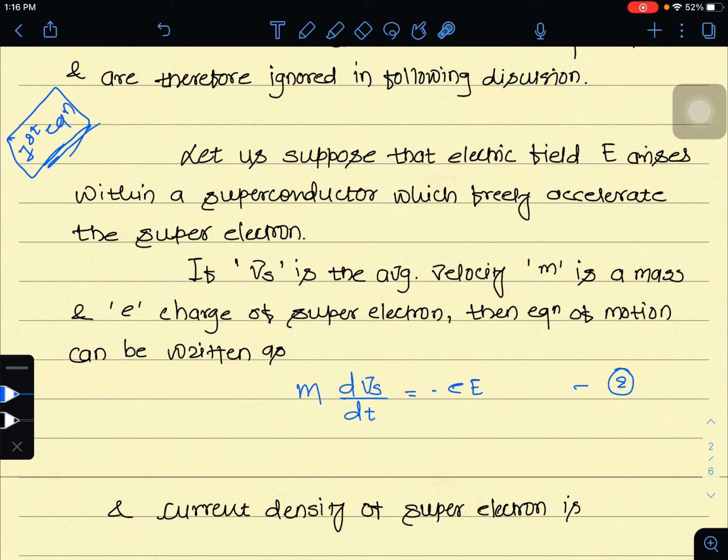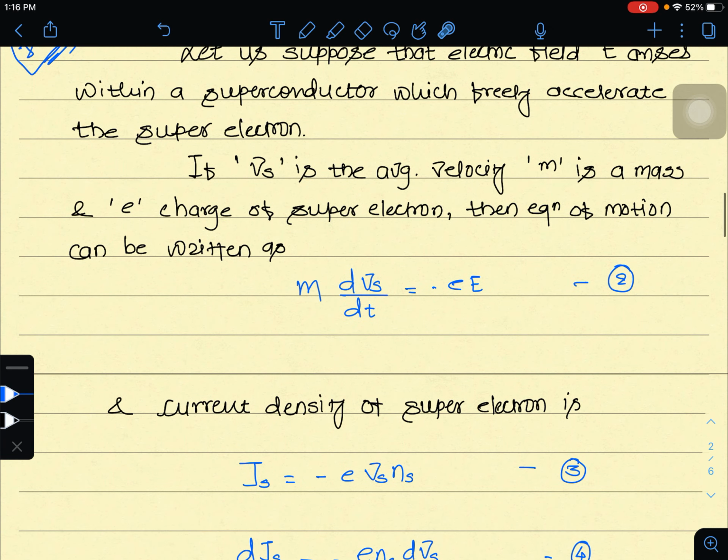The equation is m dVs by dt is equal to minus e into capital E. Just explaining again: m is the mass of the electron, Vs is the average velocity, e is the charge on the super electron, and capital E is the electric field.